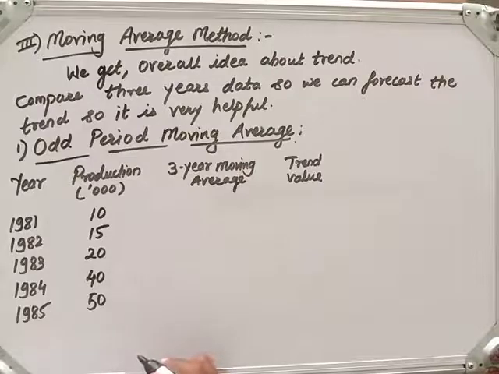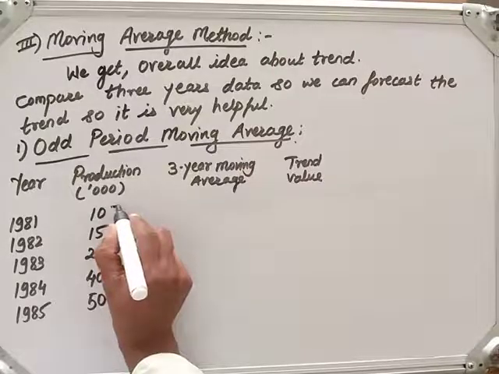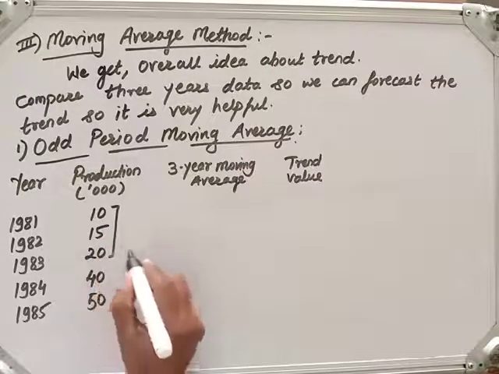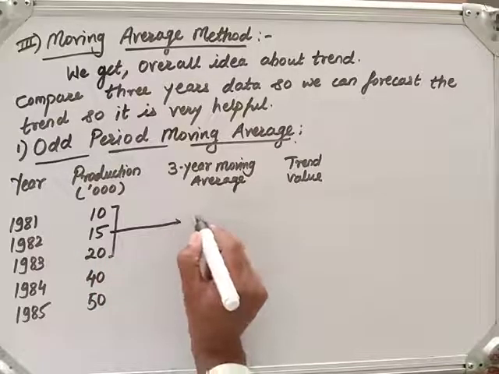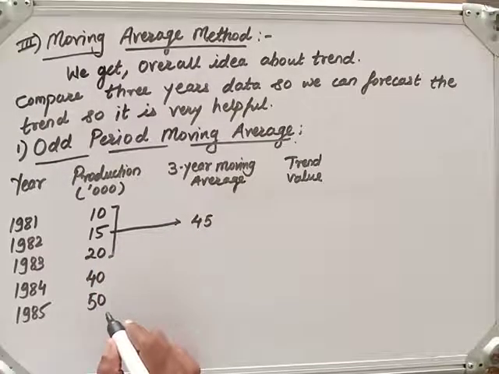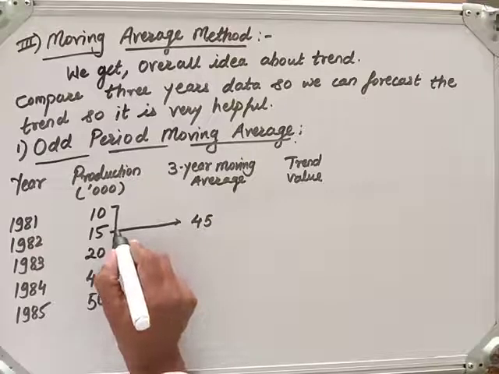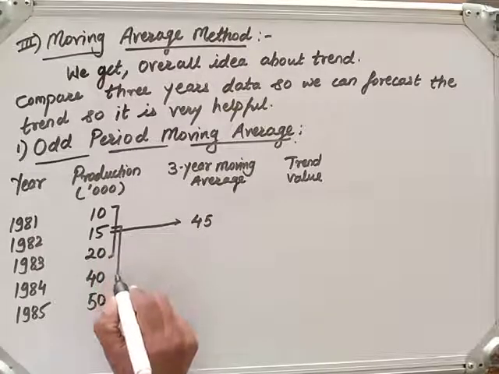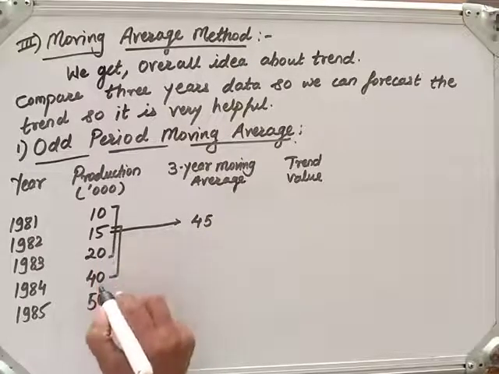Now how will we take this? First of all take these three. The total of these three is 45, that is 10 plus 15 plus 20. Then further take these three, 15, 20, 40.